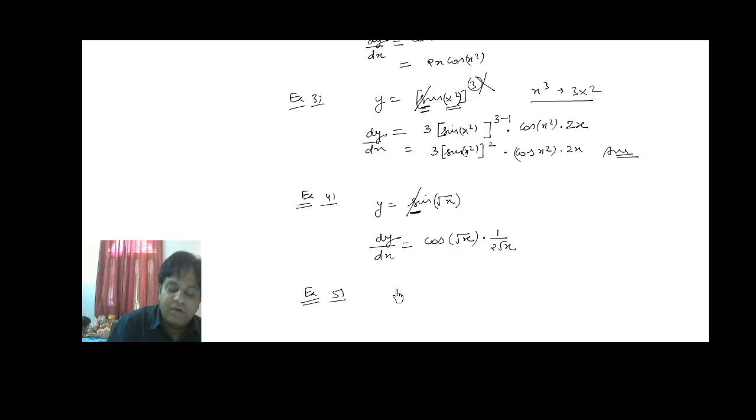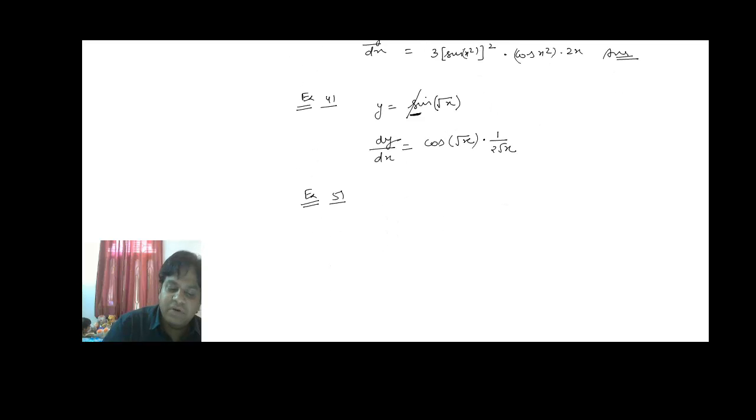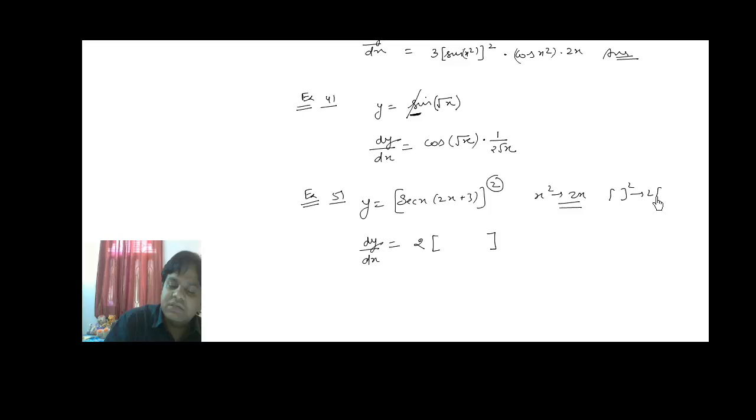Example 5. Let's say I am given y is equal to sec of 2x plus 3, whole squared. Now if I am asked to differentiate, then at first I see this power 2, big brackets power 2, and I'll solve it as I do differentiation of x square as 2x. So I'll differentiate this bracket square as 2 bracket, so 2 sec 2x plus 3.